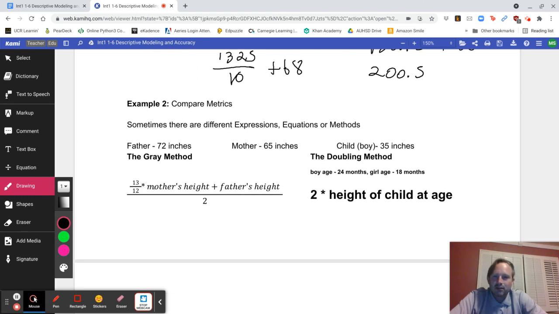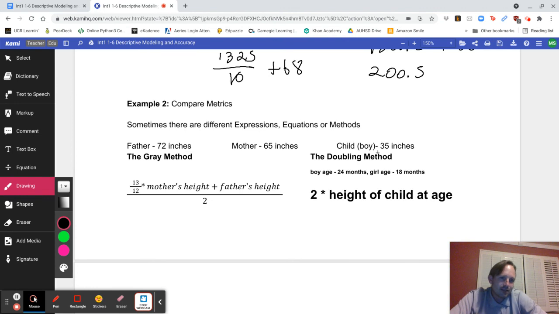So here's the method. The gray method says to have 13 over 2 times the mother's height plus the father's height. Now remember, you do multiplication, then add. So we multiply 13 over 2 times the mother's height plus the father's height, all divided by 2. Now the doubling method is 2 times the height of the child at the age.